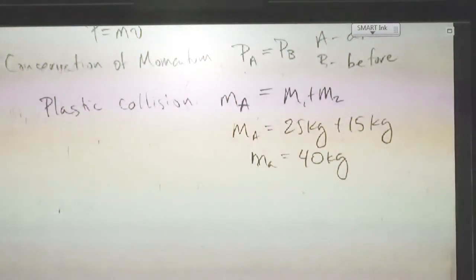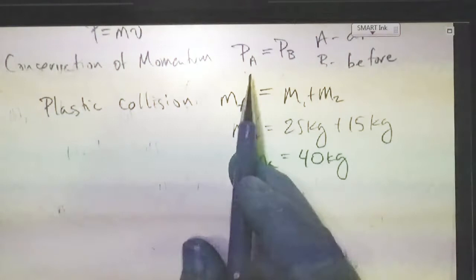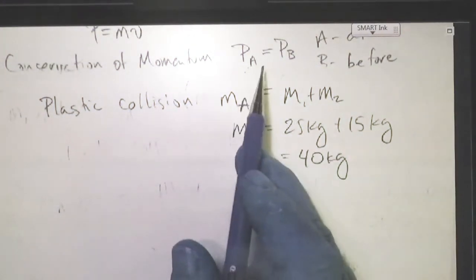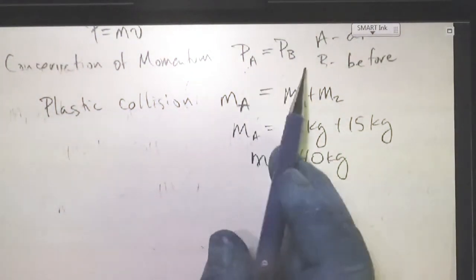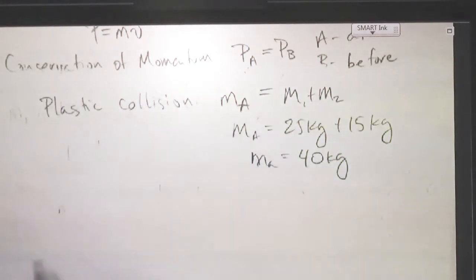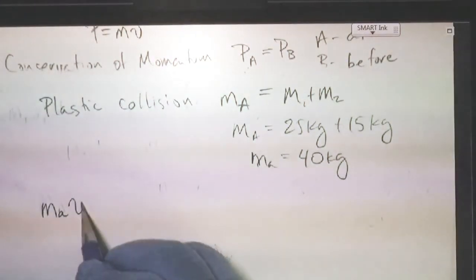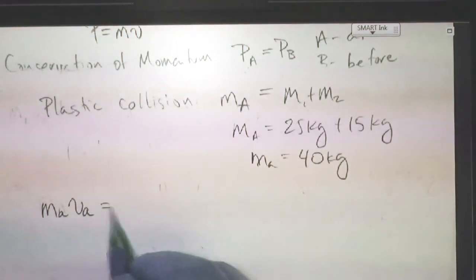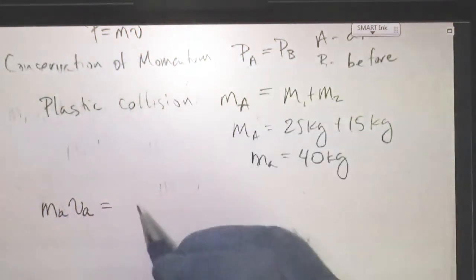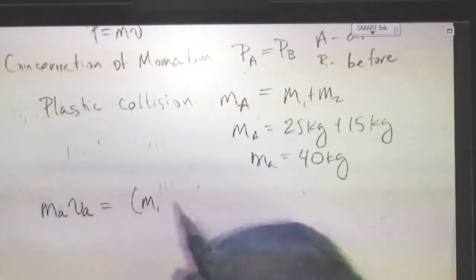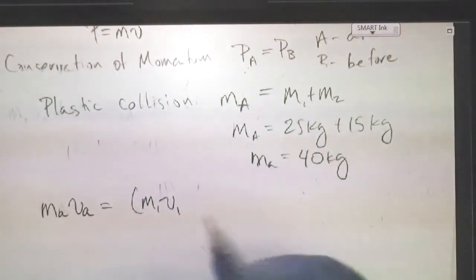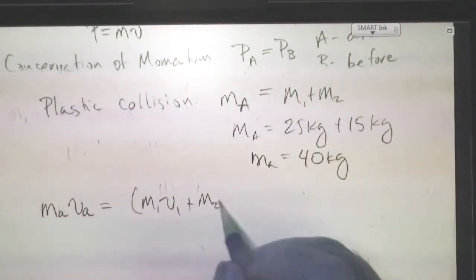So we're going to look at the momentum before and the momentum after, according to this equation here. So the momentum after is just the mass times the velocity. And the momentum before happens to be two separate ones, mass 1, velocity 1, plus mass 2, velocity 2.